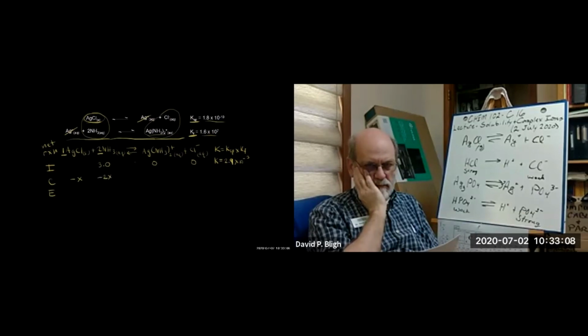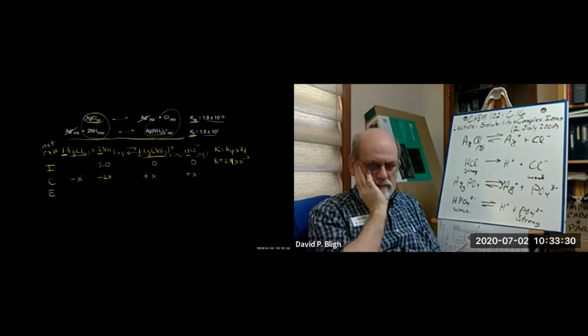For our products, if 1 mole of silver chloride dissolves, we make 1 mole of our complex ion, so we gain x for the complex ion. Same thing for the chloride anion, because our coefficient is a 1, so we gain x for the concentration of chloride anion.